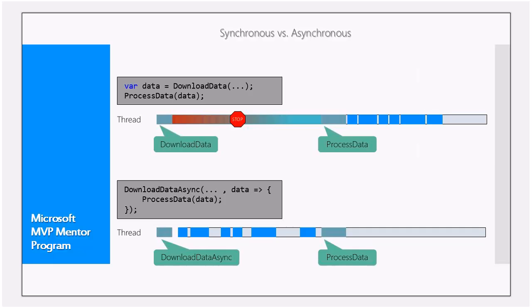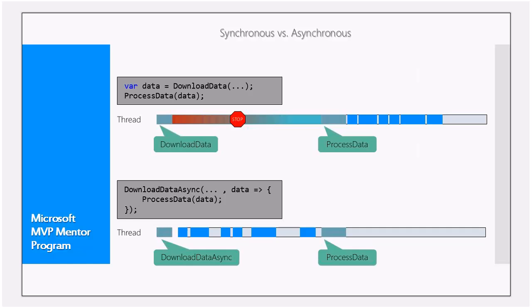The first graph here is all synchronous. You have your bar equals download data that talks to a web server, and then you call process data using as input what you get from download data. However, you've got a stop sign here. You won't be able to call process data until download data has completed, right?